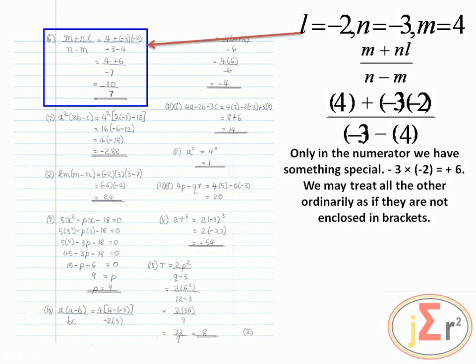So why do we include the brackets if at the end we will treat them as if they are not included or they are not necessary, or as if the numbers are not enclosed in brackets? Why do we include them? Because we include them for eventuality. When we do not need them, then we do not use them.